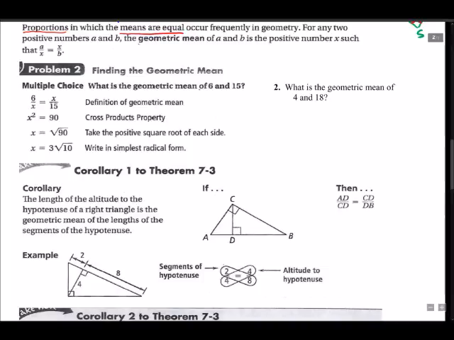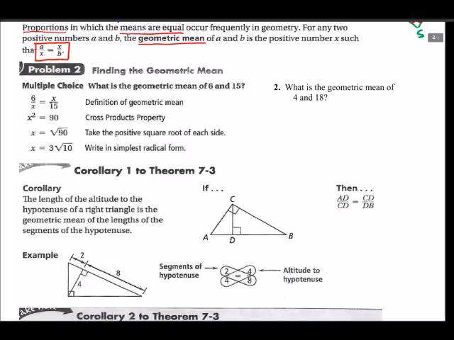These are called a geometric mean, and it looks like this. Notice how our means are equal. They are both the value x, and we have positive numbers a and b. And it's just a proportion where your means are equal.